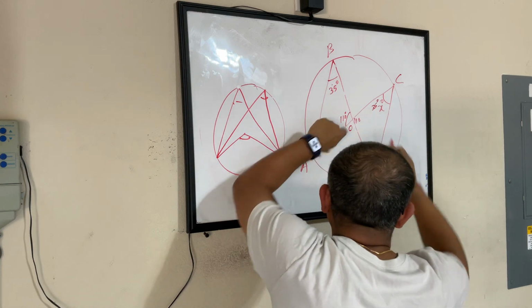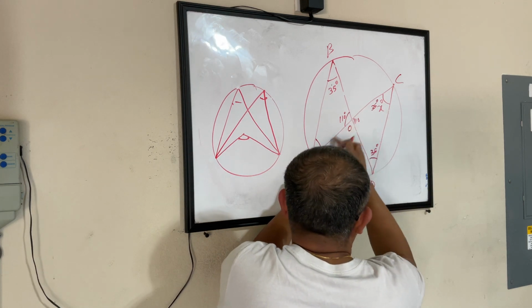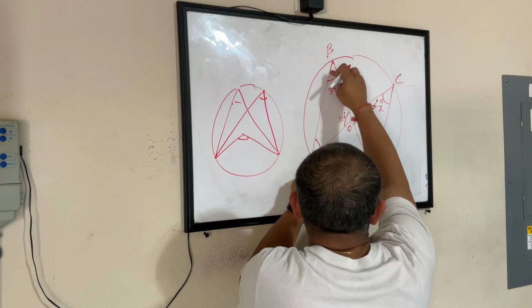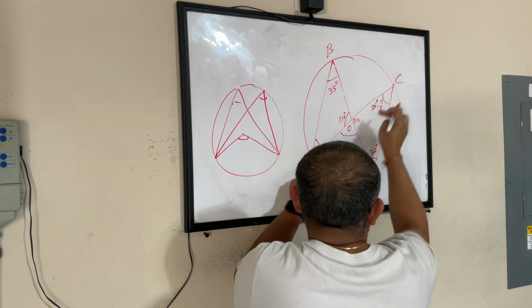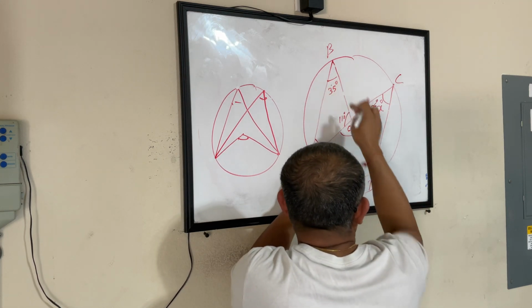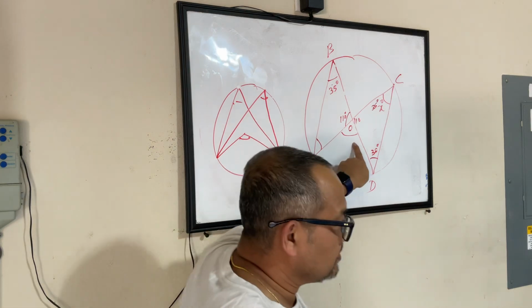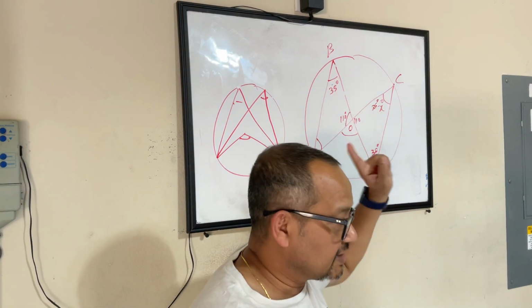This is the angle made at the center, which is double of this angle and double of this angle. That means both angles' doubles are the same, so these two angles have to be the same. That was the second approach.